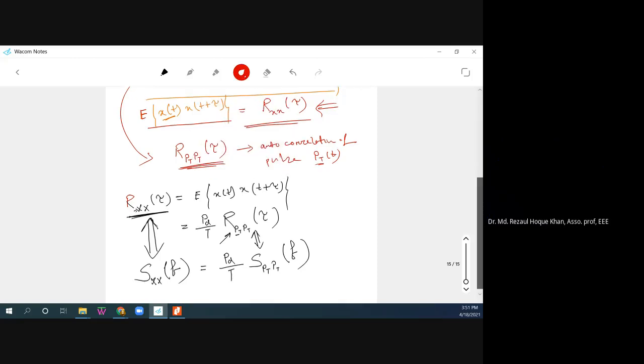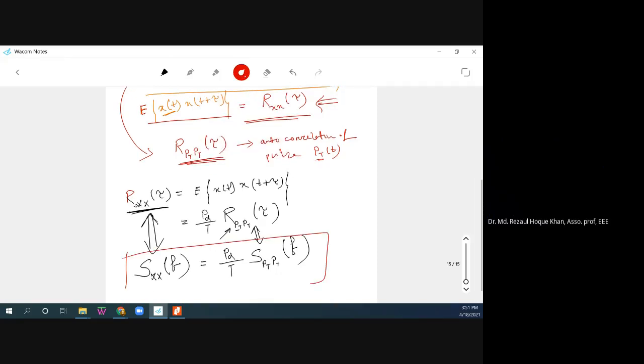Very interesting expression. So the power spectral density of the signal has a relation with the power spectral density of the pulse.